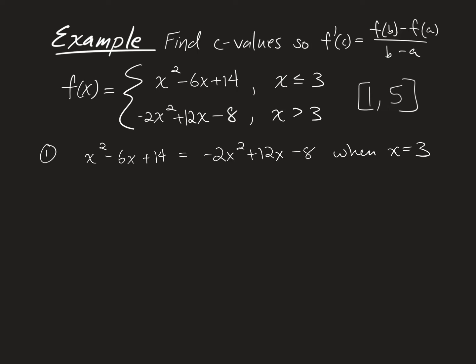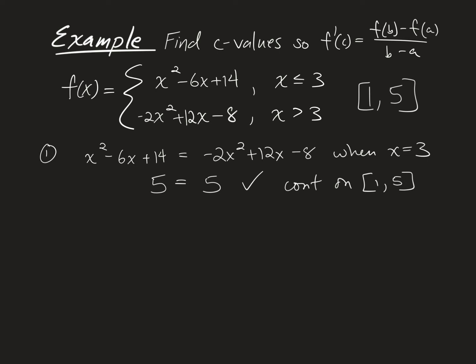And I just want to go ahead and say that it does. I believe both sides here will end up being 5. Yeah, that looks right. So yes, this is continuous on the open interval 1 to 5.